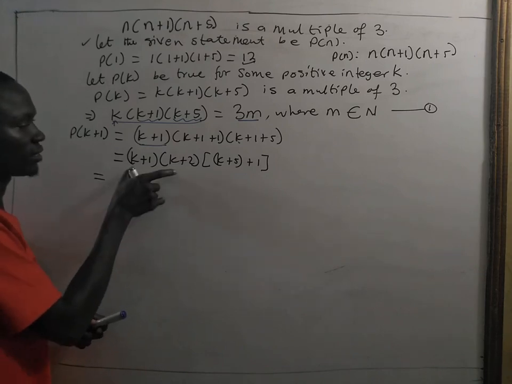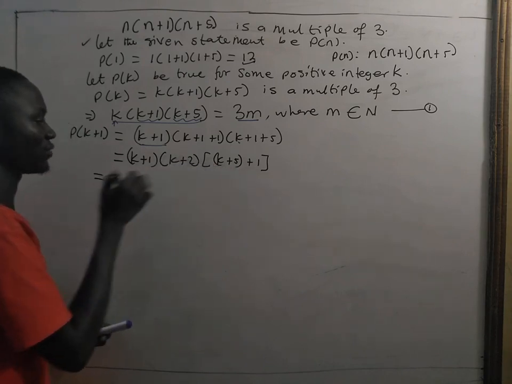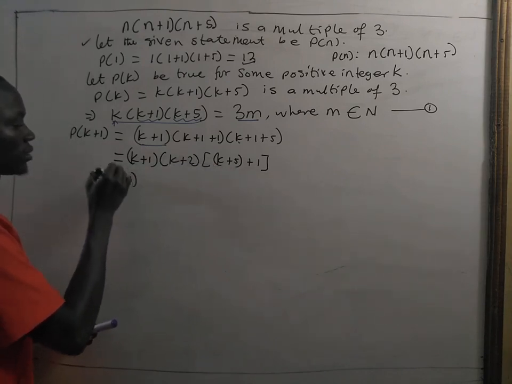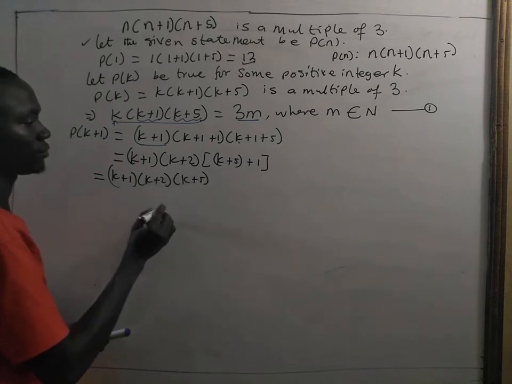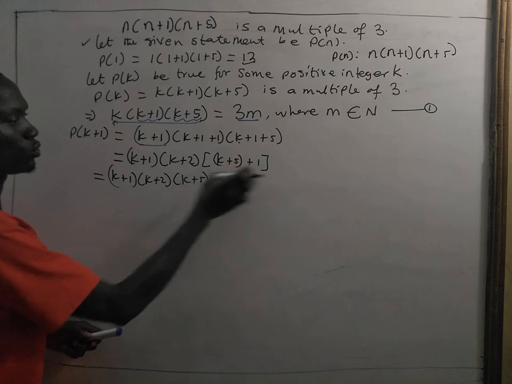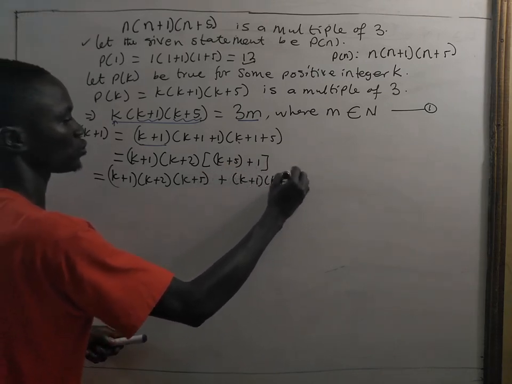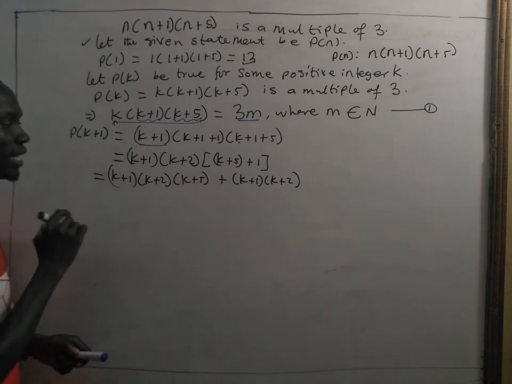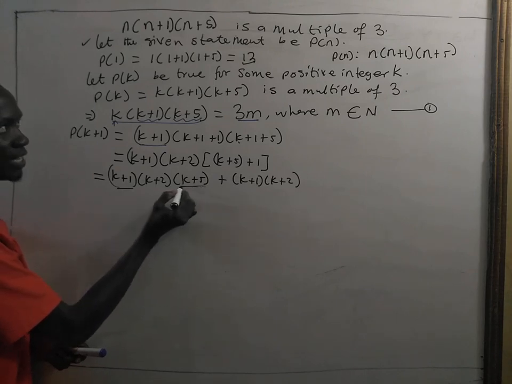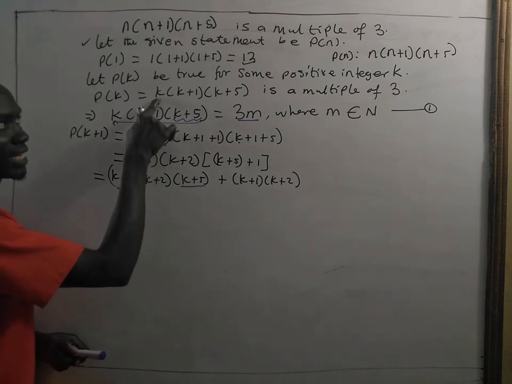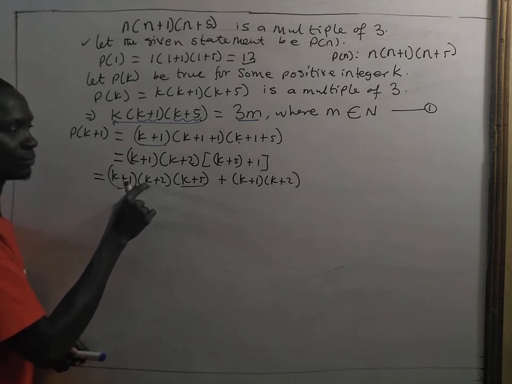So this will give us k plus 1 times k plus 2 times k plus 5, then k plus 1 times k plus 2 times 1 will give us k plus 1 times k plus 2. You've seen that we've gotten k plus 1 here, multiplying k plus 5, so it has left with k. It means that we don't need this k plus 2 here. So let us expand.